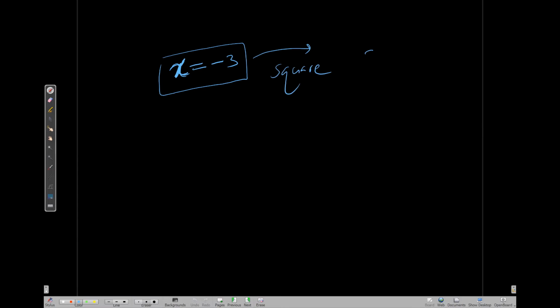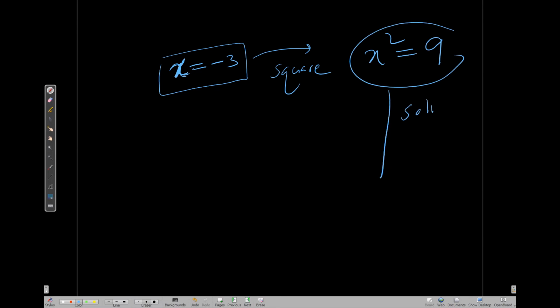Now if I square it, I get x squared equals 9, right? Now if I solve this, x squared minus 9 equals 0, x minus 3, x plus 3 equals 0. So x equals 3 or x equals negative 3.